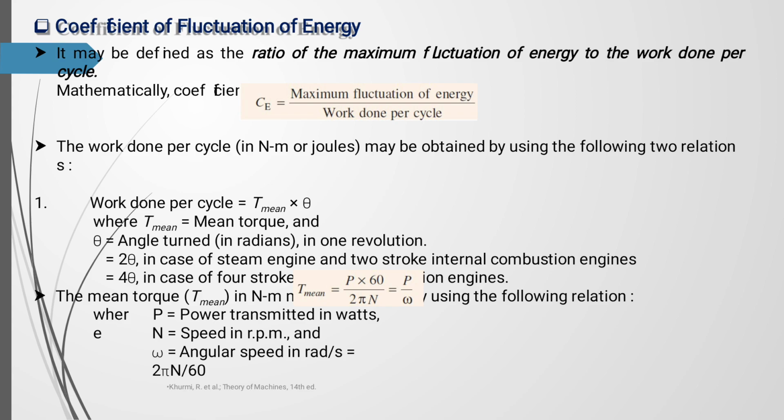From that formula we can calculate the turning moment values. Turning moment T mean equals P into 60 divided by 2 pi N. All of you know omega, the angular speed of the given rotary component, is omega equals 2 pi N by 60. So it can be supplied and T mean can be calculated.